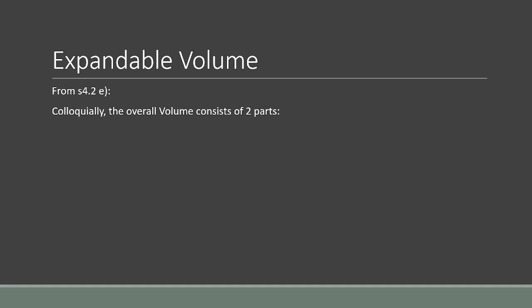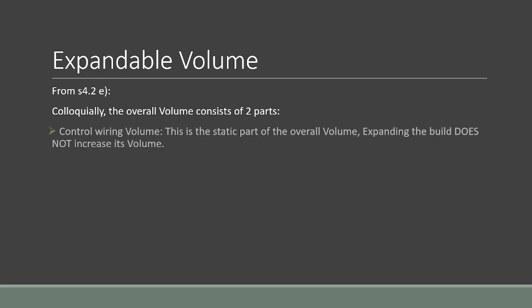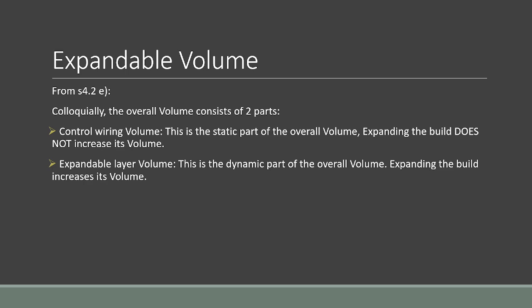In this regulation, it says the overall volume of an expandable build consists of two parts. The first part would be the control wiring volume. It states that this is basically a static part of the overall volume, and expanding the build does not increase its volume. And you might already guess the second part is the expandable layer volume, which is the dynamic part of the overall volume, and expanding the build will increase its volume.